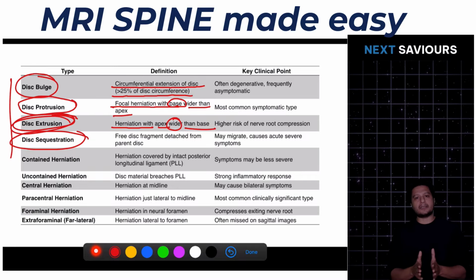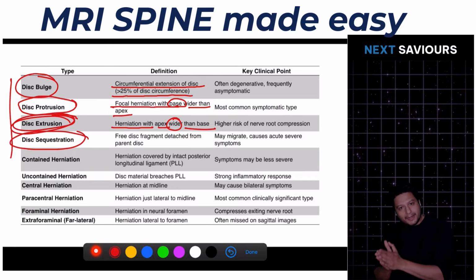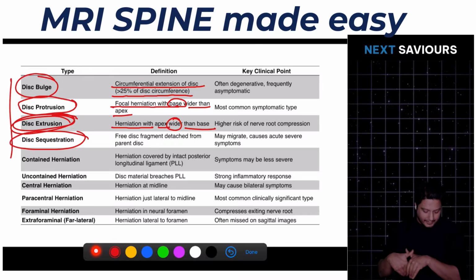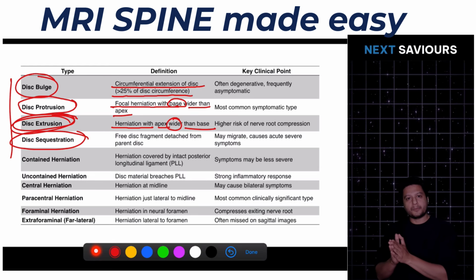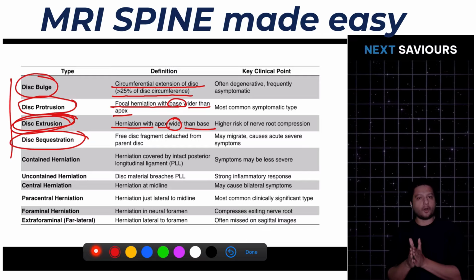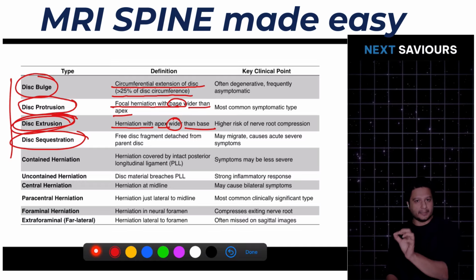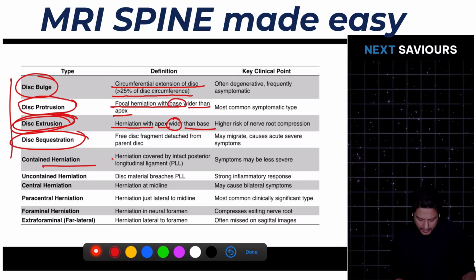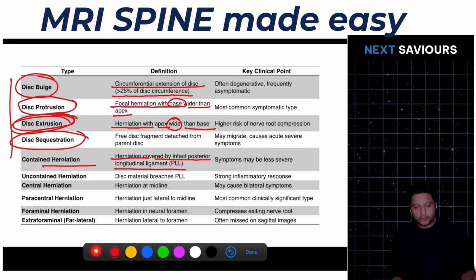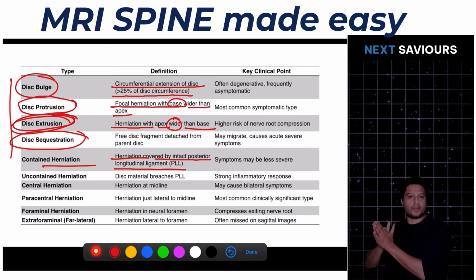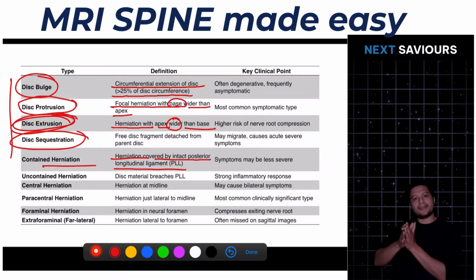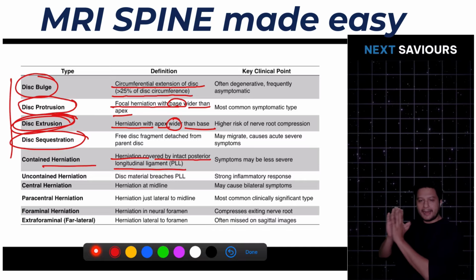Now, another classification is contained disc material or uncontained disc herniation. In case of contained herniation, the posterior longitudinal ligament of the vertebrae remains intact. That means the herniation is covered by an intact posterior longitudinal ligament, thereby preventing extreme displacement of the disc into the canal.